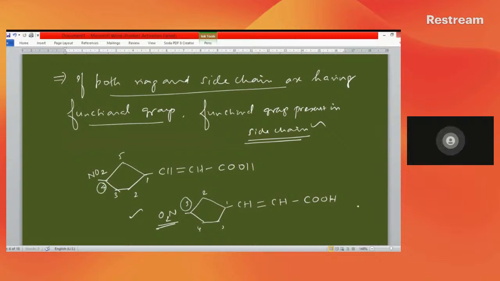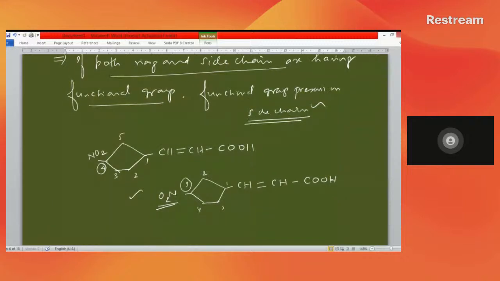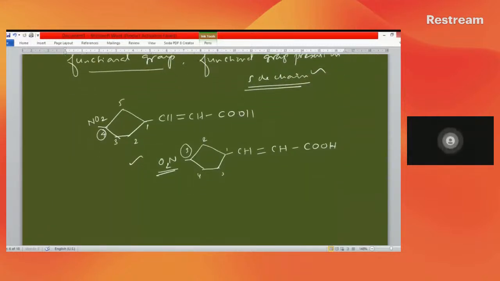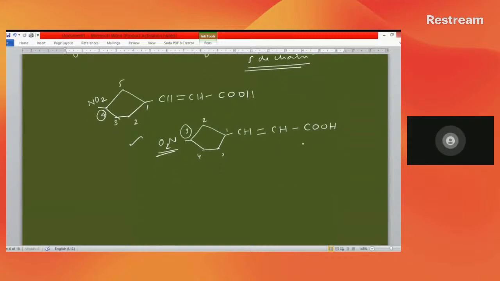So the naming can be given as follows. You should find out the number of carbons in the longest chain: 1, 2, 3. As there are 3 carbon atoms in the longest chain, you can call it prop-2-enoic acid. Why?